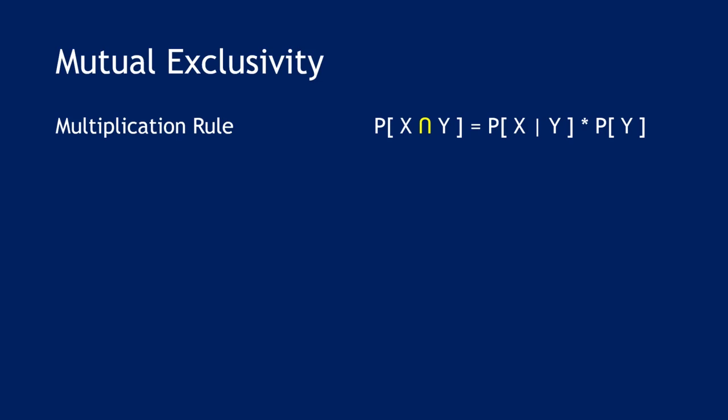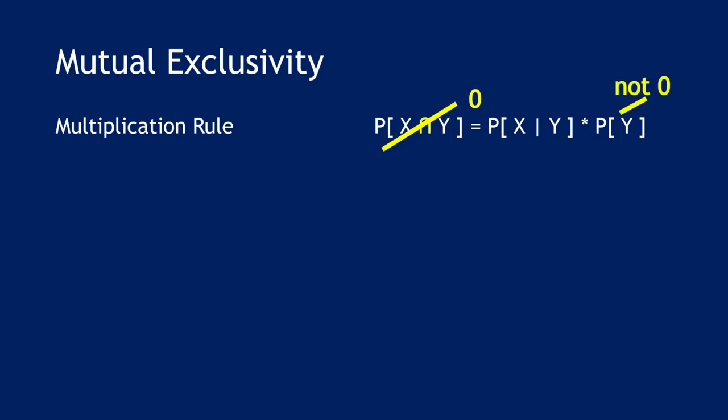And the equation for the intersection, the multiplication rule, is basically the probability of X given Y multiplied by the probability of Y. And that's how we would be able to estimate the intersection between X and Y. However, in the event of mutual exclusivity, there's no intersection. Okay, so this is 0.